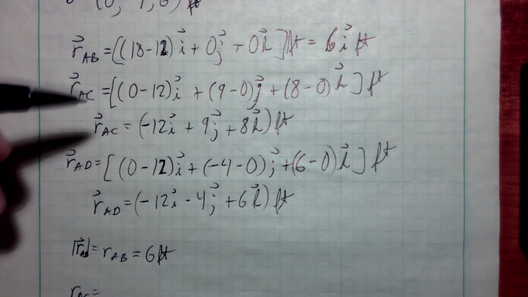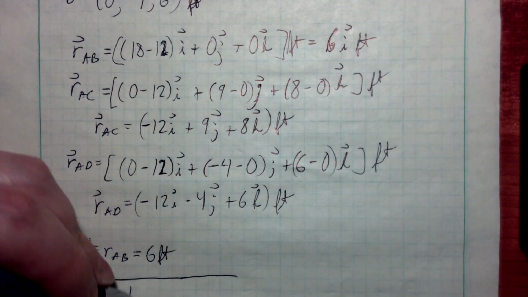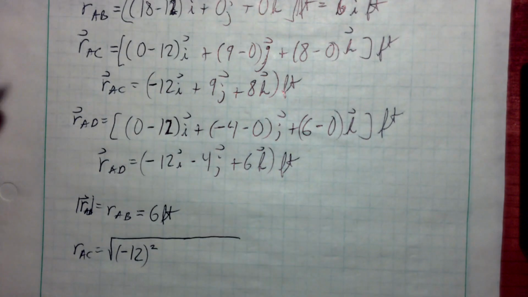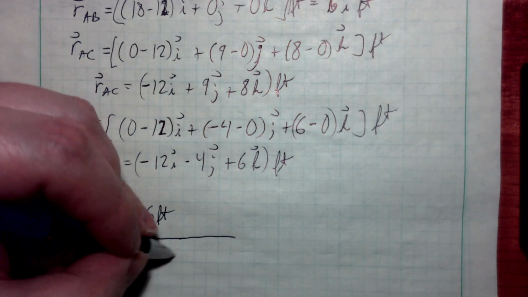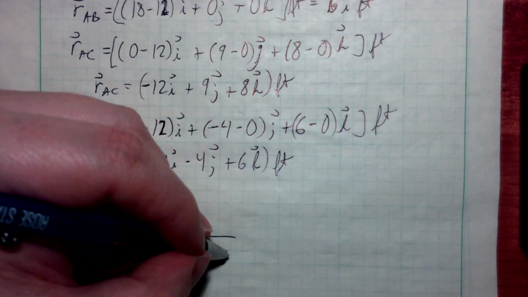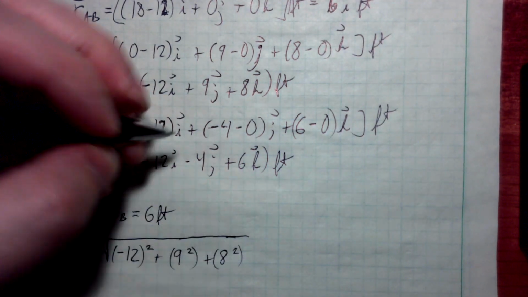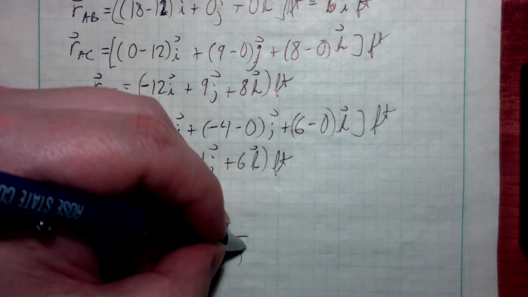So this is AC, so this is going to be the square root of minus 12 squared, it's 12 feet squared, but minus 12 squared plus 9 squared plus 8 squared. And the units are going to end up being feet, right?